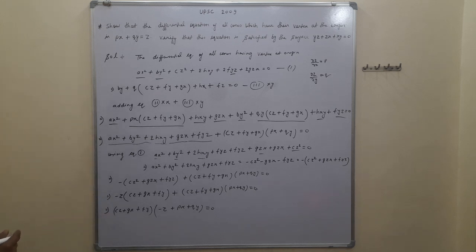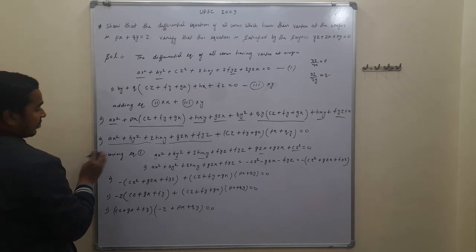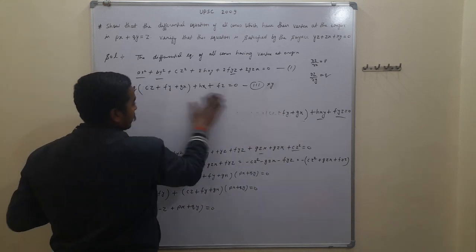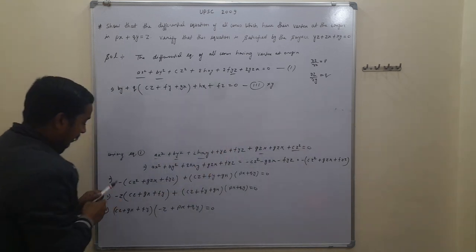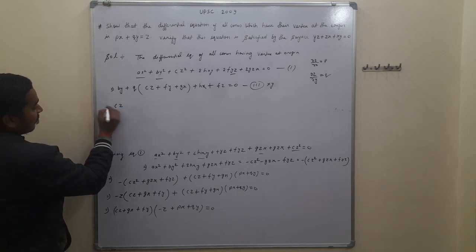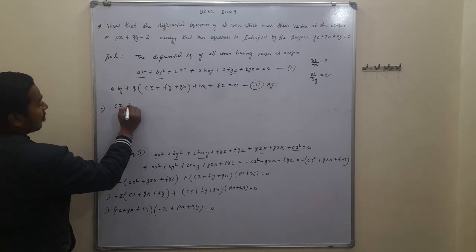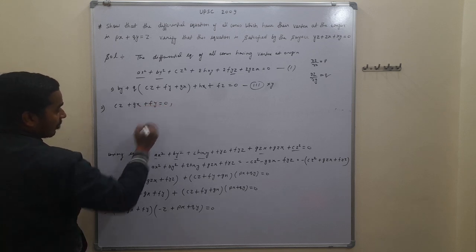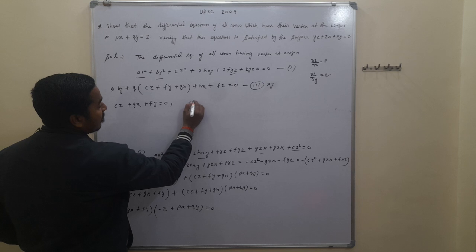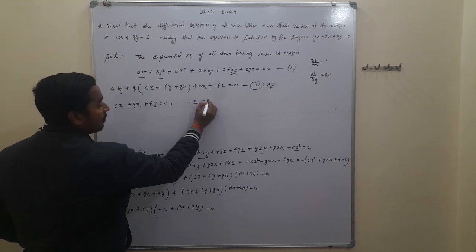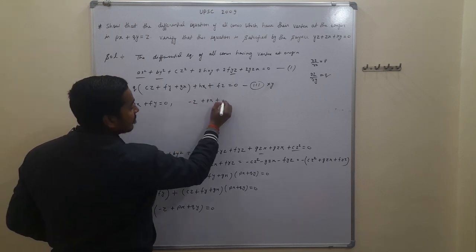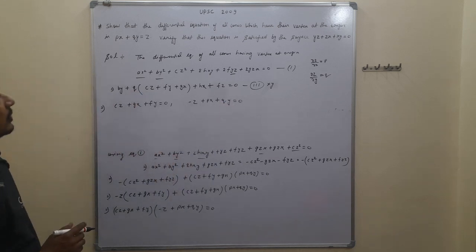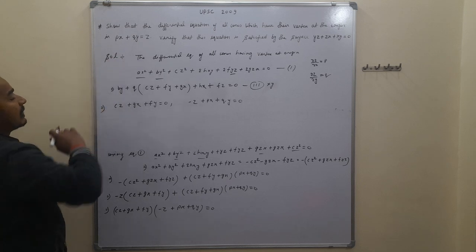We take once again the first bracket, cz plus gx plus fy is equal to 0, and then in the second bracket this gives minus z plus px plus qy is equal to 0, and we have to find the relation, that is px plus qy is equal to z.